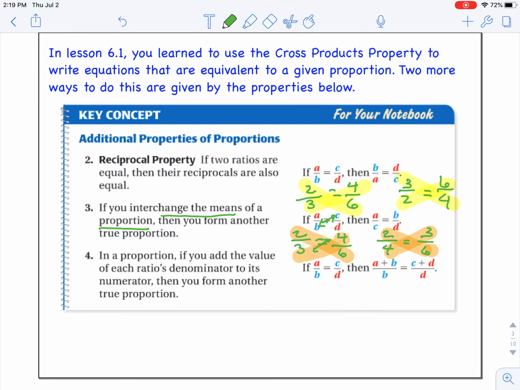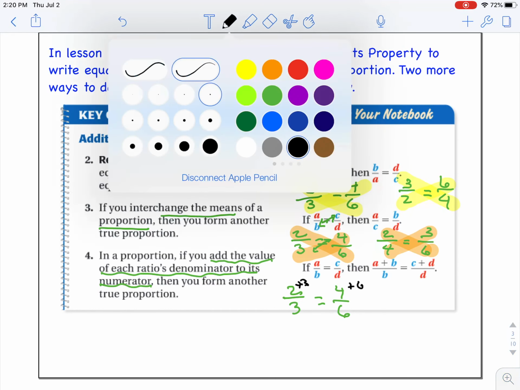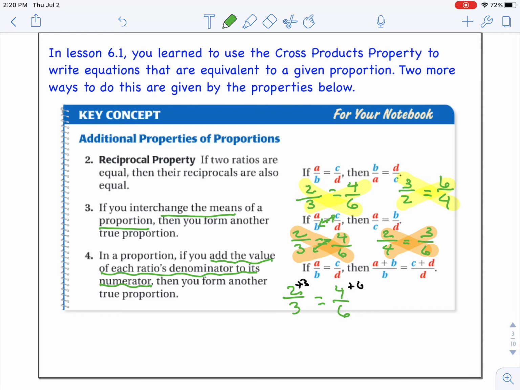The last property of proportions is that if you add the value of each ratio's denominator to its numerator, you also form another true proportion. Let's go back to our original proportion of 2/3 equals 4/6. If I add the denominator to the numerator, I add 3 to this one and the denominator of 6 to this one, and it gives me another true proportion: 5/3 equals 10/6.